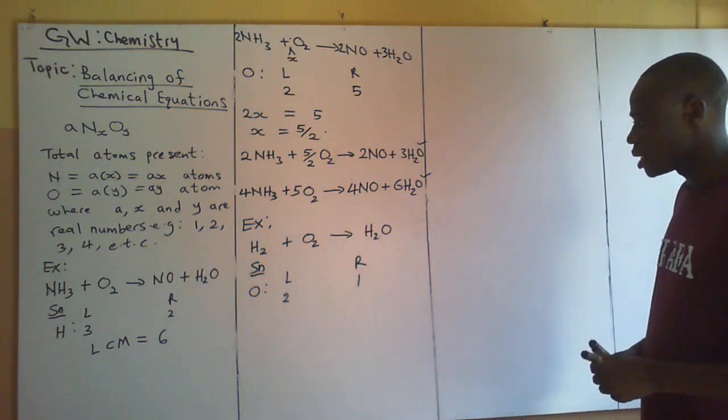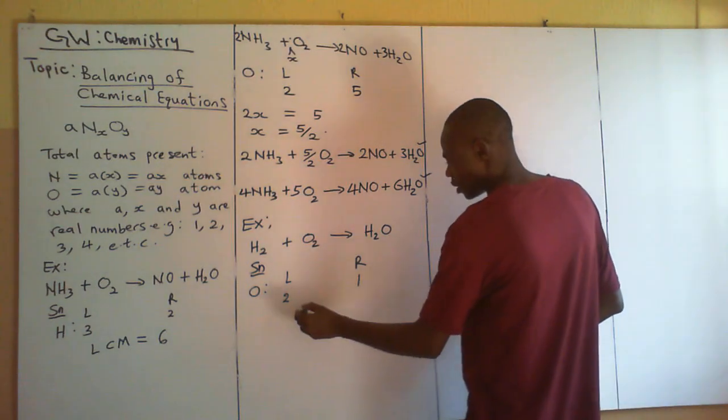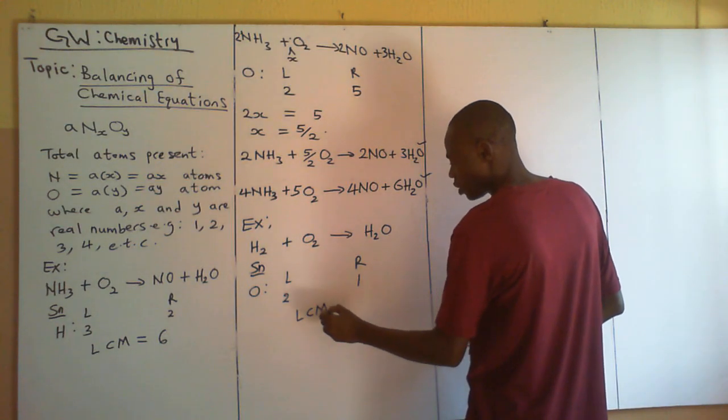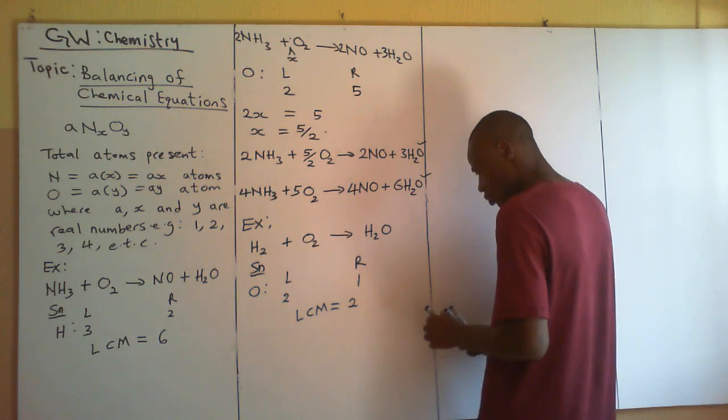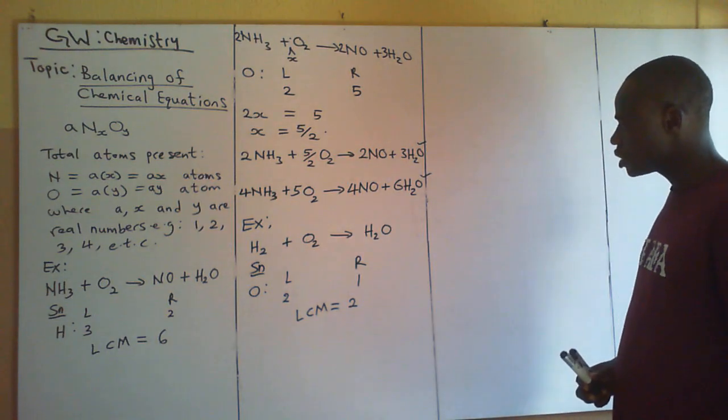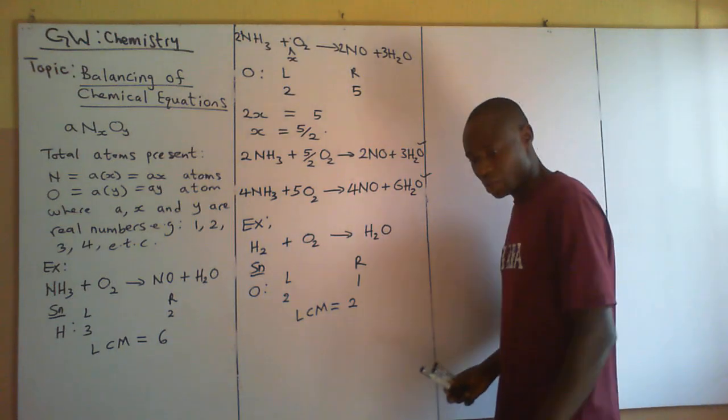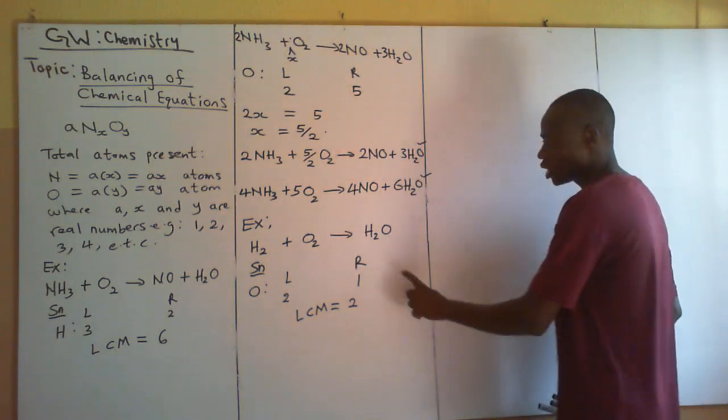What is the LCM of 2 and 1? The LCM of 2 and 1 equals 2. If it equals 2, you look at it this way.